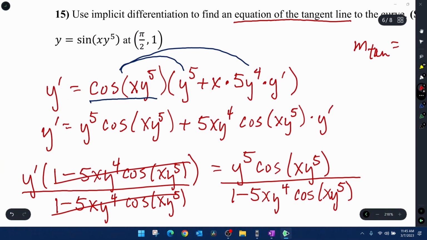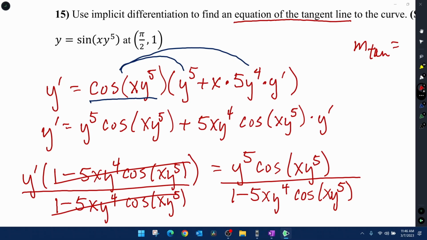Does everybody see now that that fraction represents the slope of the tangent? That fraction, all of that mess, is the derivative. Now can I replace every x and y with the x and the y from the ordered pair? And simplify that down to the slope.